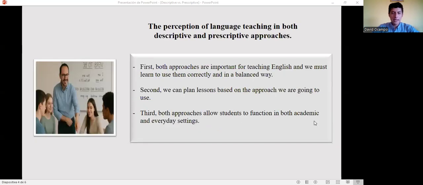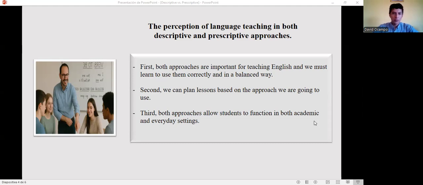Finally, let's analyze the perception of language teaching in both descriptive and prescriptive approaches. I think knowing this concept is very helpful in teaching English because it allows us to be flexible and less demanding when teaching the language.